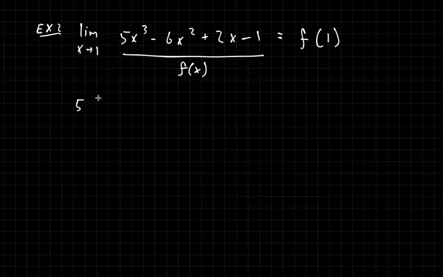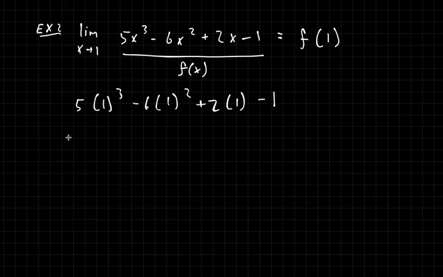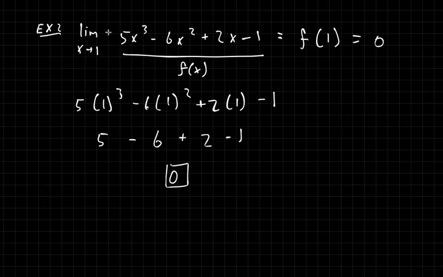So this would just be 5 times 1 cubed minus 6 times 1 squared plus 2 times 1 minus 1. 5 times 1 cubed is just 5, minus 6 times 1 squared is 6, plus 2 times 1 is 2, minus 1. 5 minus 6 is negative 1, plus 2 is 1, minus 1 is 0. So right here, this is, once again, the idea of direct substitution. We're just inputting this value that x approaches into this function, and we get 0.